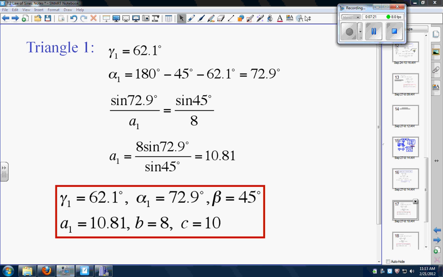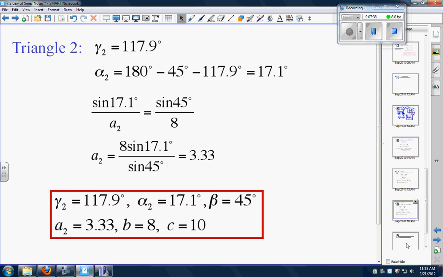They take you through everything here with triangle 1, and our answers match up, so that's good. When you give me answers, you just need to list the three things that are unknown. You don't need all six like this. For the second triangle here, they got a new angle C. That gave us a new smaller angle A, which should make side a much smaller as well.